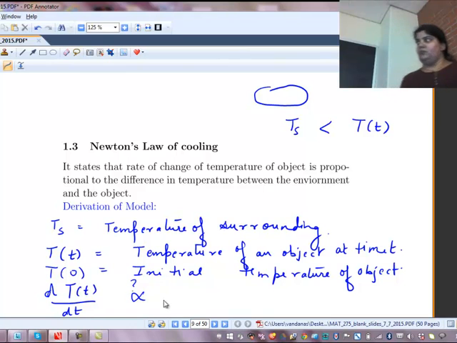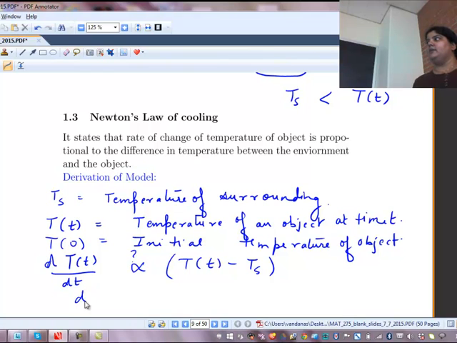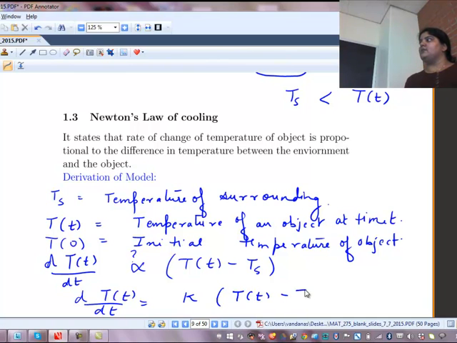Okay, so I will say here T minus Ts, and the reason I kept it like this is that in order to remove this proportionality, I will introduce a constant here, right? So I will say that dT over dt is nothing but a constant times T minus Ts.